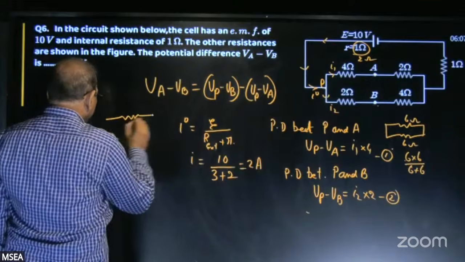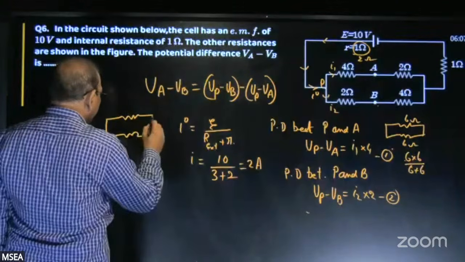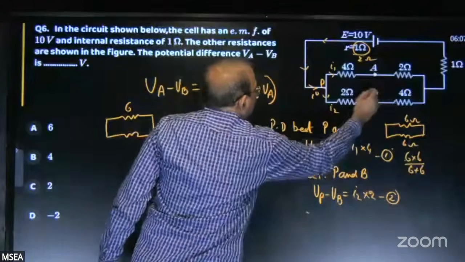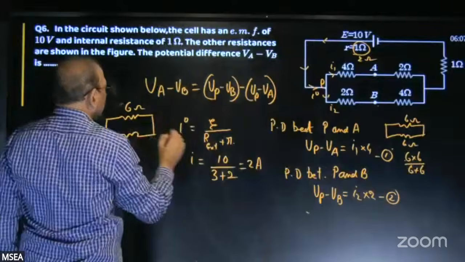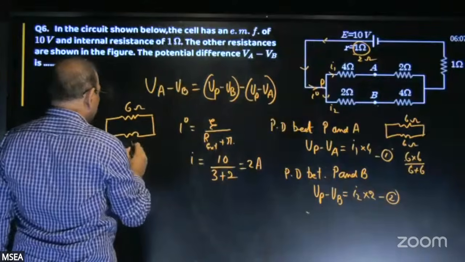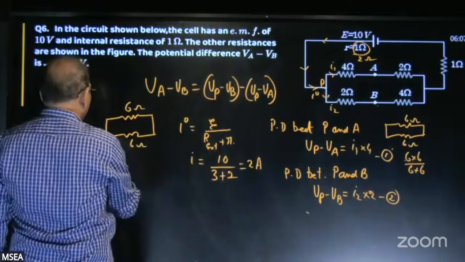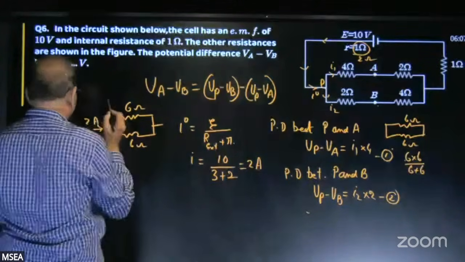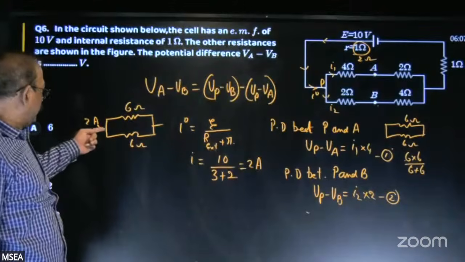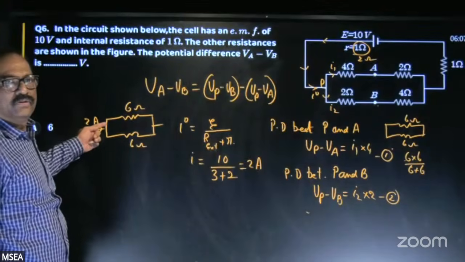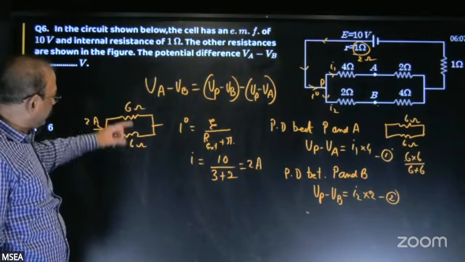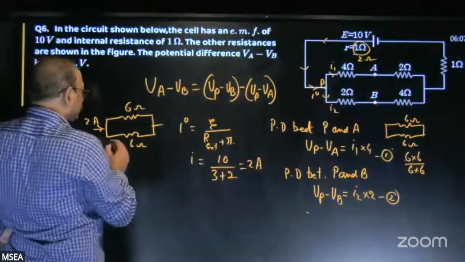Now, what is the total resistance in this branch? 4 plus 2, 6. In this branch also 6. And what is happening here? 2 ampere current is coming into this branch where there are 2 equal resistors.